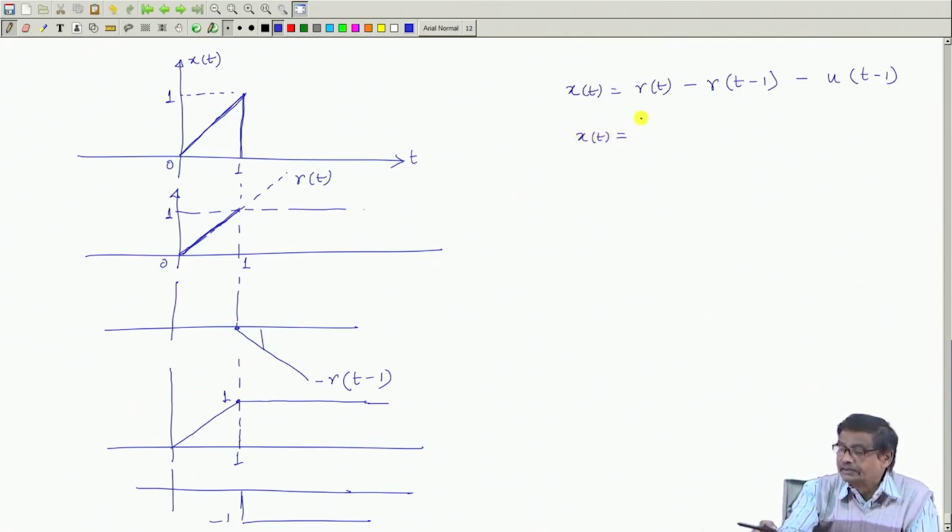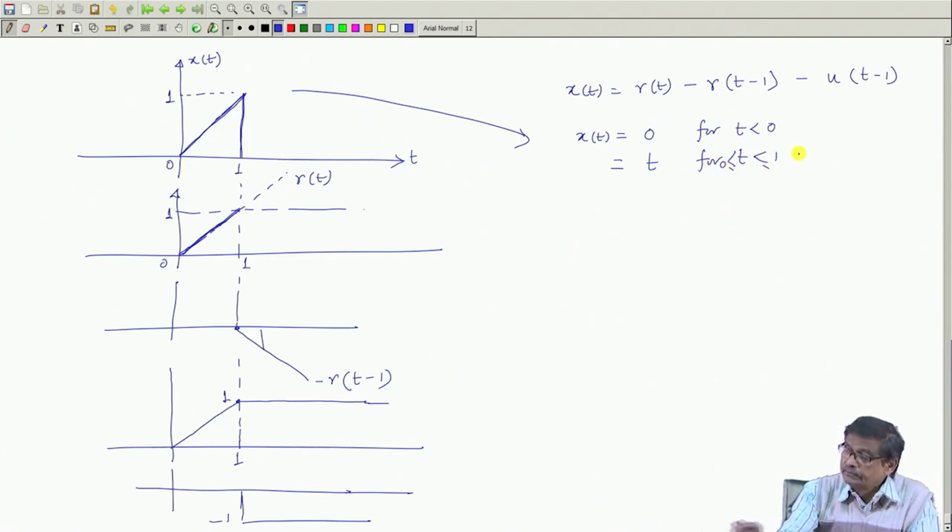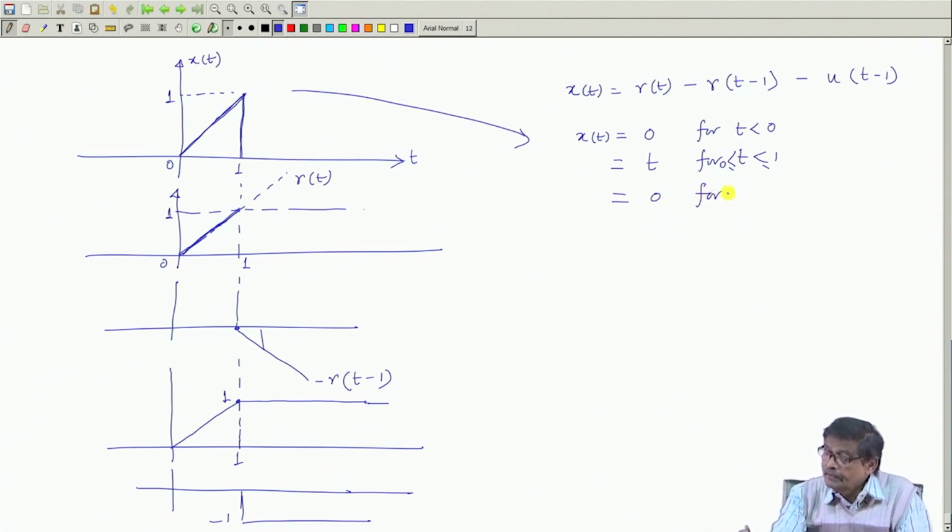In our older days, if I did not know the ramp function and unit step function, I would have described this function x(t) as: x(t) equal to 0 for t less than 0, x(t) equal to t for t greater than or equal to 0 and less than 1, and equal to 0 for t greater than 1.